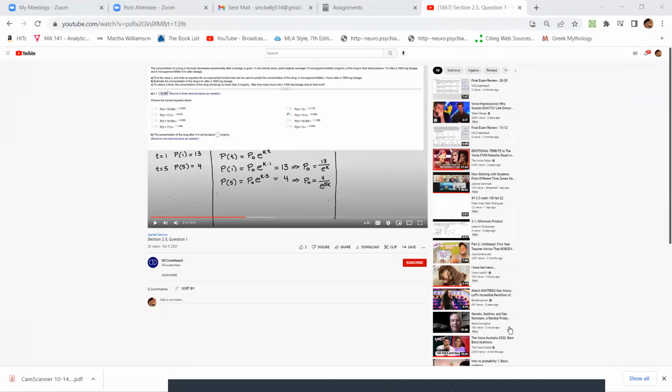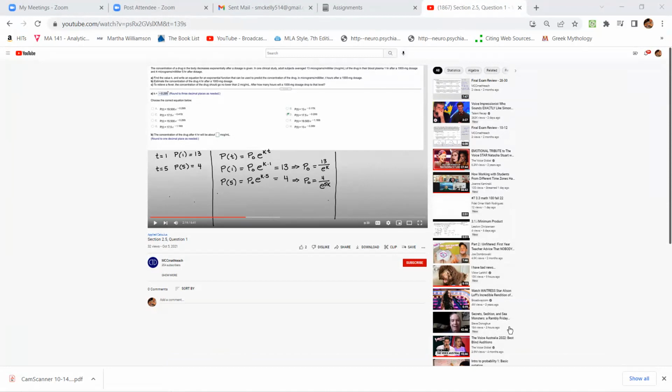Here, they average 13 instead of 15, and it was 4 micrograms after 5 hours. So she has her little chart, like I had. And she set up P, just like I have the C's.